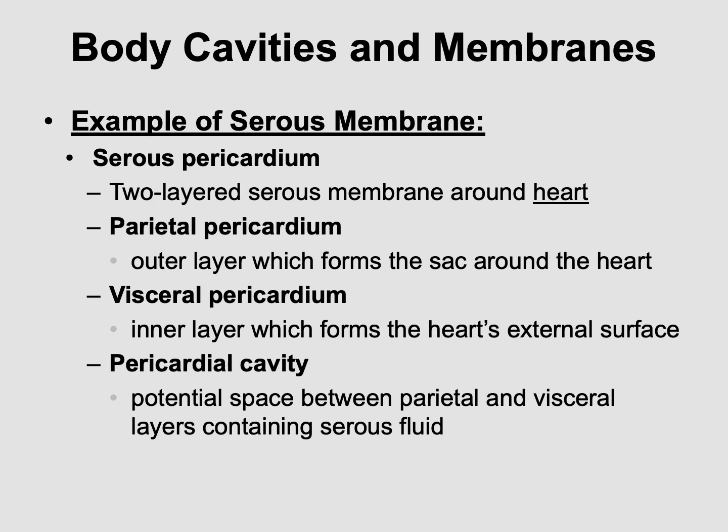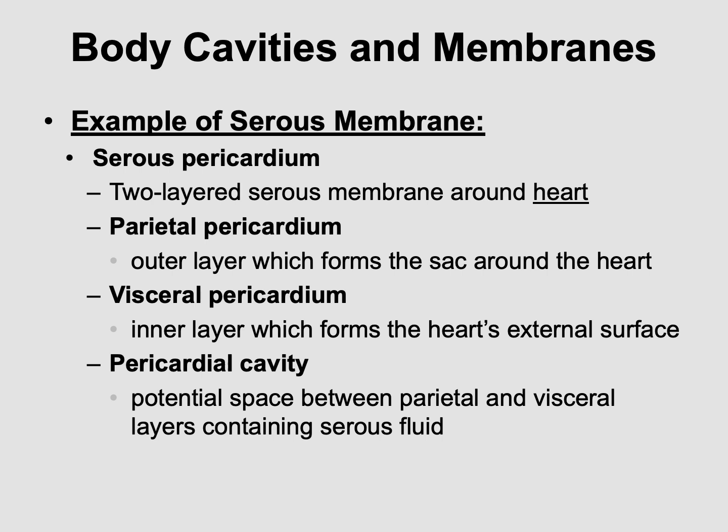Of these two layers, we have first the parietal pericardium, which is the outer layer, which forms the sac around the heart, and under that, or deep to that, I should say, we've got the visceral pericardium, the inner layer that forms the heart's external surface.